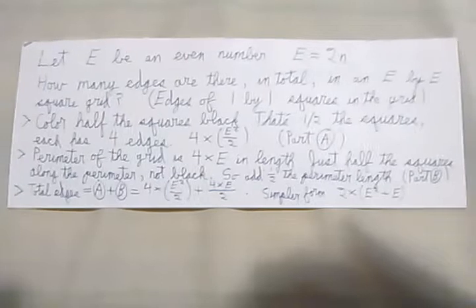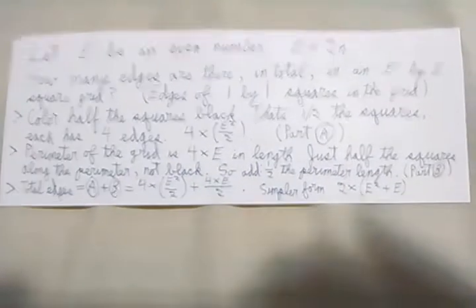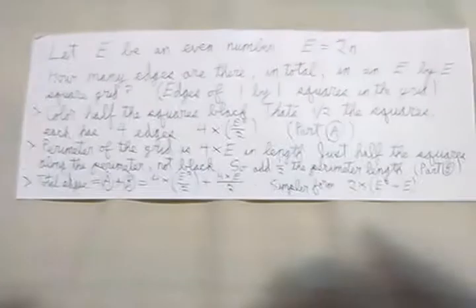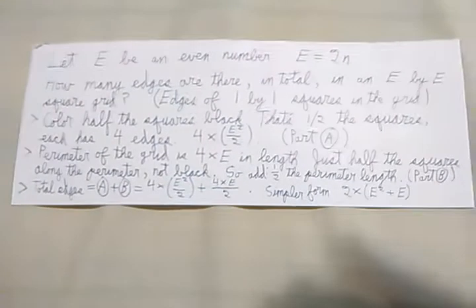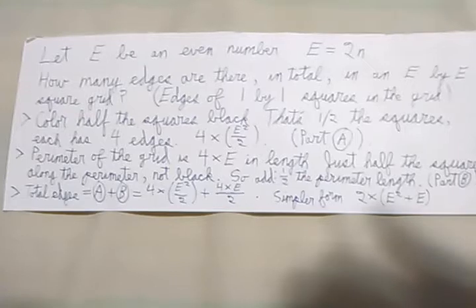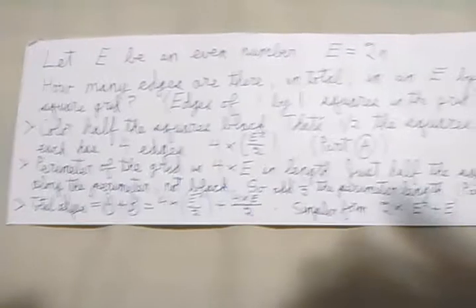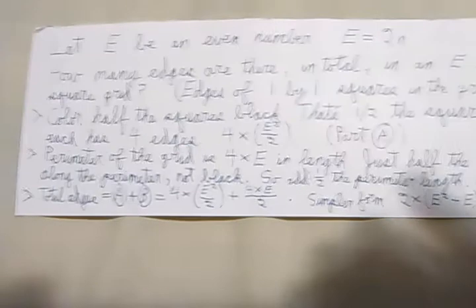How many edges are there in total in an E by E square grid? Well, color half the squares black, for example, or any color you please, really. That's half the squares. Each has 4 edges. 4 times E squared divided by 2. That's part of our subtotaling.